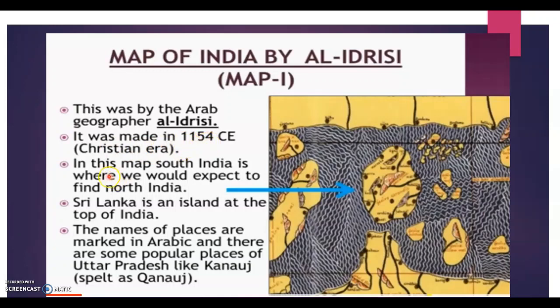In this map, South India is where we would expect to find North India, because this map is in inverted form. Sri Lanka is an island at the top of India. This is Sri Lanka and this is India. The names of places are marked in Arabic and there are some popular places of Uttar Pradesh like Kanauj.